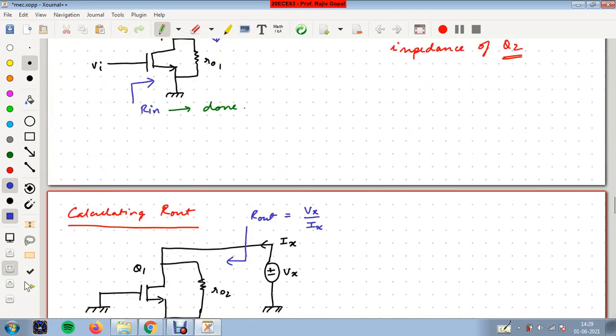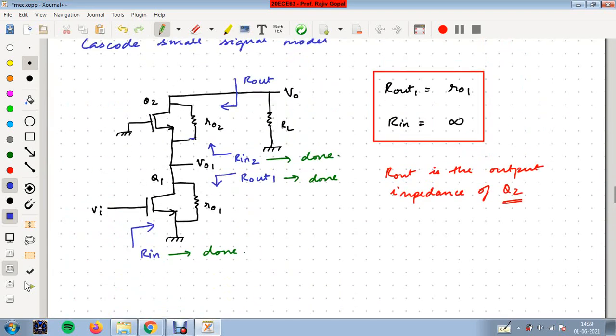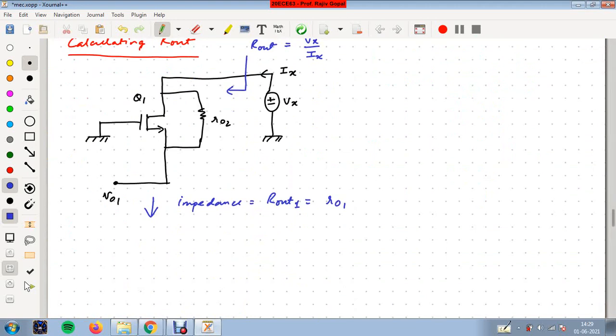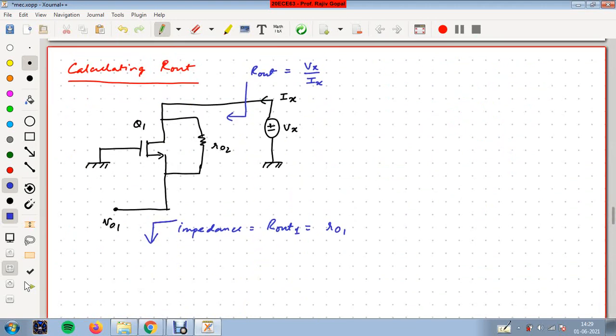Alright, see, Rout 1 is a direction. If you look at this direction, it is seen from the drain, right? Drain towards Q1. Okay, so that is same as R01, right? So the impedance seen in this direction is R01. Okay, so I have to find Rout now.